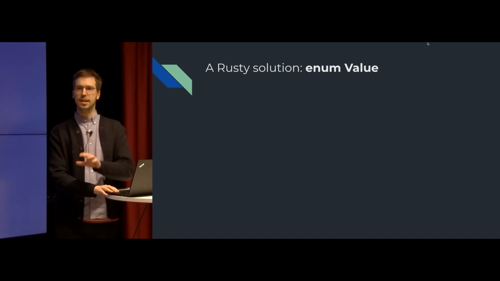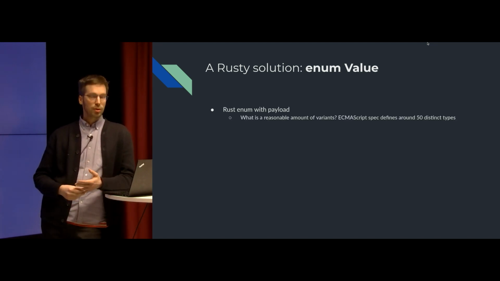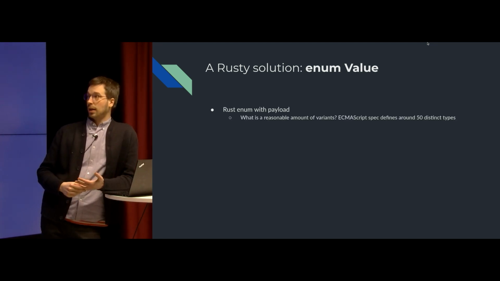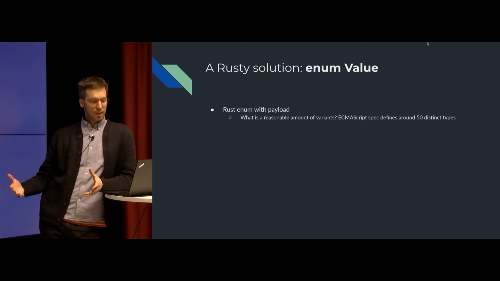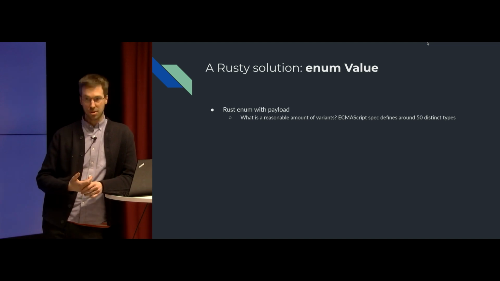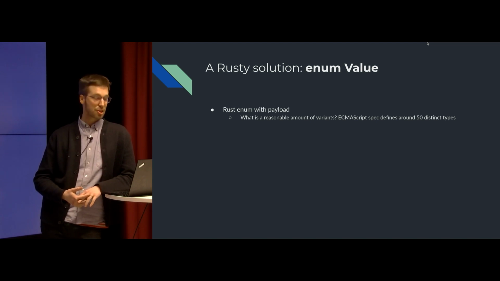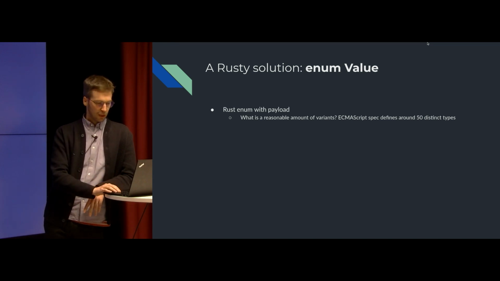Let's use an enum. So we take a Rust enum with a payload, and let's first ask ourselves, what is going to be the representation of our enum? We could just let Rust decide, but it's going to probably decide a usize for it. And that's a bit too much. We really don't need 2 to the power of 64 different variants. So no, thank you.